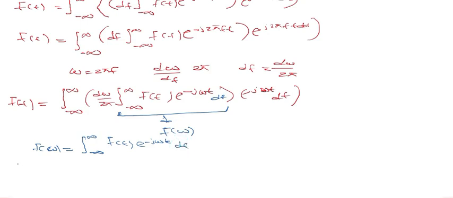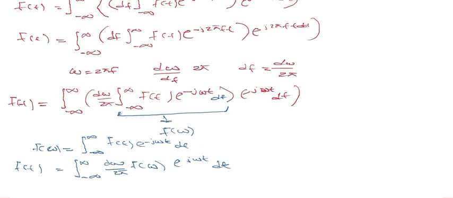Now f of t can be further simplified. If this is F of omega, then f of t is the integral from minus infinity to infinity of d omega over 2 pi, and instead of putting this entire expression, we put F of omega, then exponential j omega t.